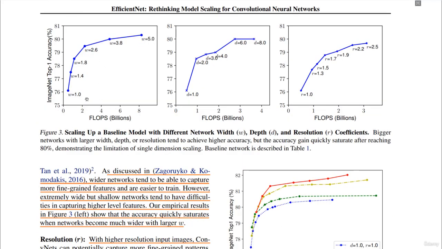We see how, as we continue increasing the different values of W, the accuracy plateaus, although the number of flops continues increasing. And it's a similar situation with the depth and the resolution.